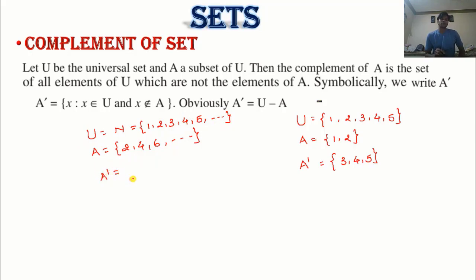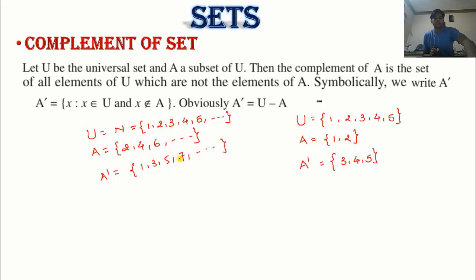So A dash equals all the elements of U which are not present in A. It means except the elements of A, you write the elements left in U. So remove 2, 4, 6 from this. Which elements are left? 1, 3, 5, 7 and so on. It means you get all odd natural numbers in A dash. In this way you can write the complement of A.